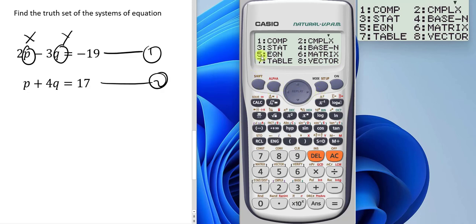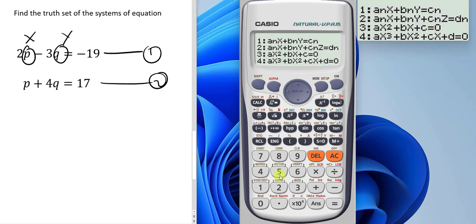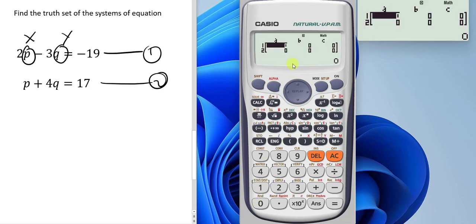So we press number 5 that corresponds to equation. We are dealing with a linear equation, so we pick the first option, that is 1. So we press on the 1, and we're going to have the boxes there for us to input our data.